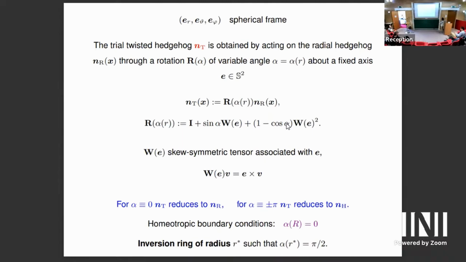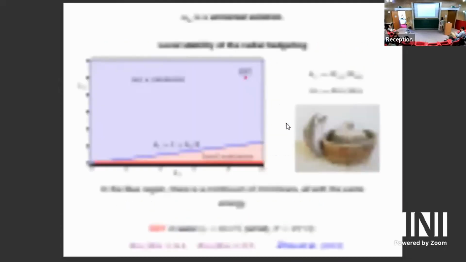But we find the minimizing angle alpha, which minimizes the free energy, and then we let E vary, and so we find all the continuum of minimizers which have the same energy, but they differ because they are oriented in different ways. Thank you for the question.